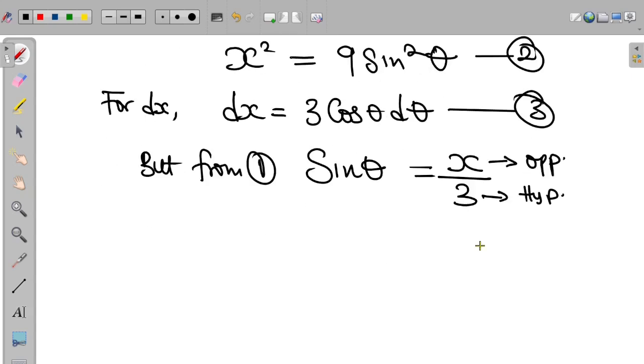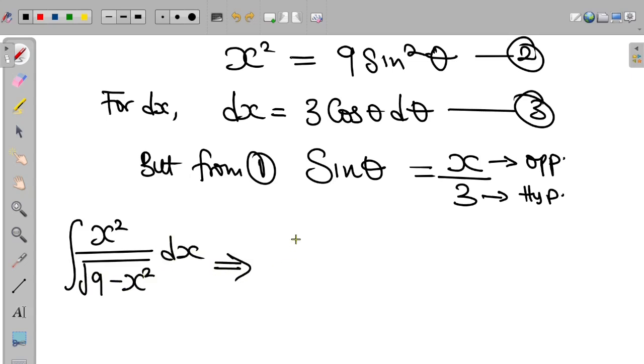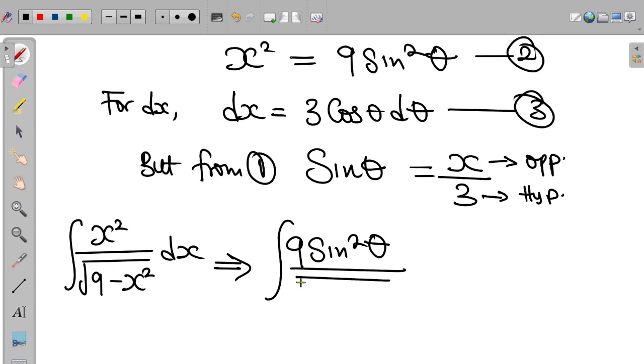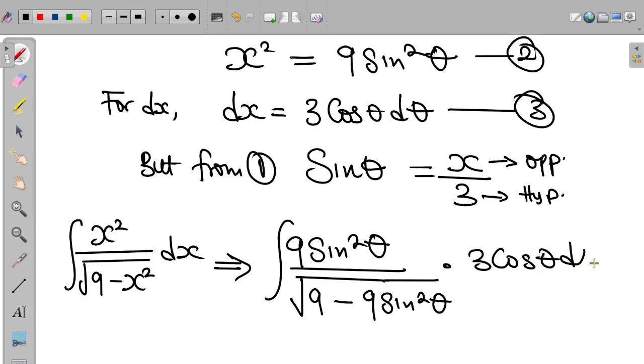So recall that our integral is x squared divided by root of 9 minus x squared dx. So x squared is given as 9 sine squared theta, divided by root of 9 minus x squared, which again is 9 sine squared theta, and the dx is 3 cos theta d theta.